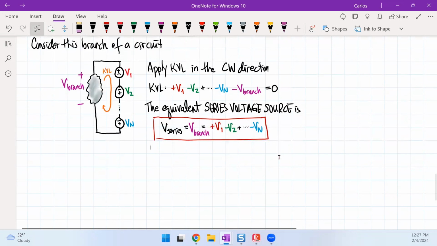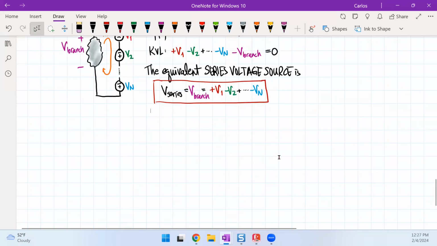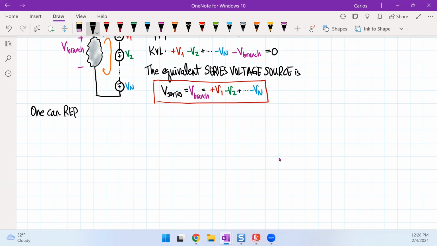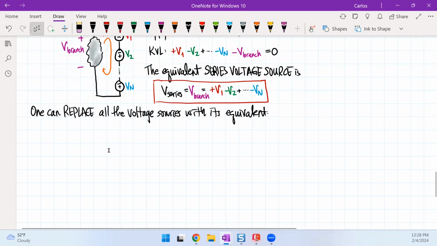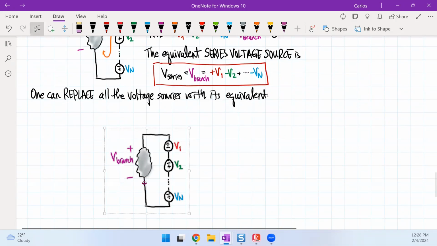So what this is really telling us is this. One can replace all these voltage sources with its equivalent. If I do what we did before, I have this circuit.